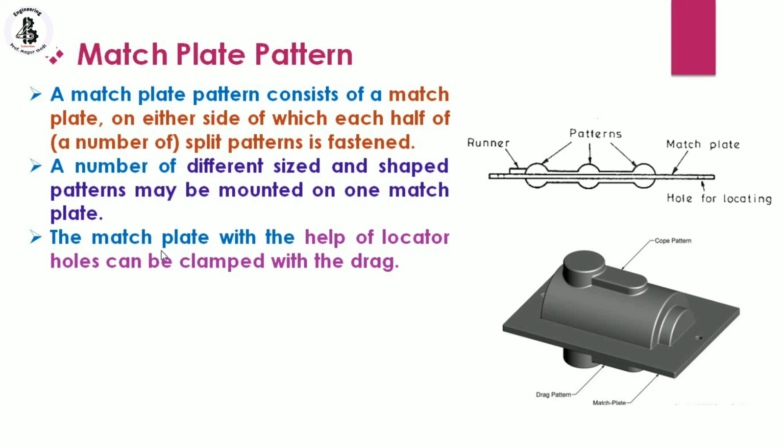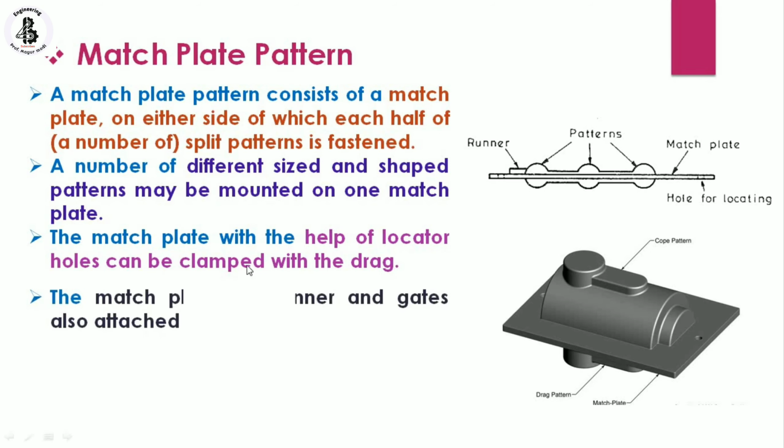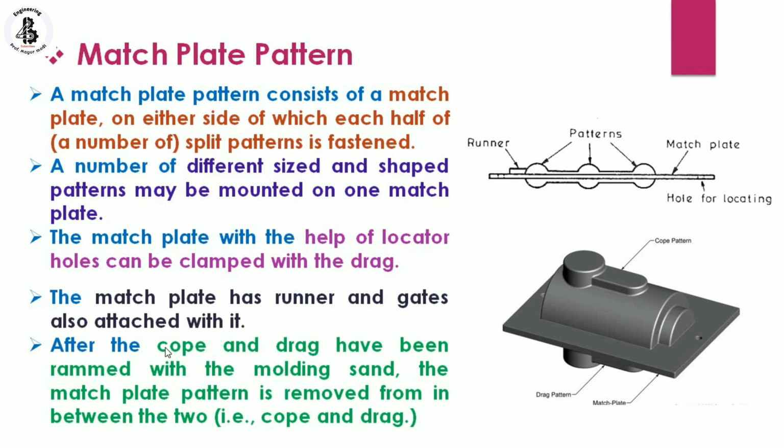The match plate, with the help of locator holes, can be clamped with a drag bar. The match plate has the runner and gates also attached with it. After the cope and drag have been rammed with the help of molding sand, the match plate pattern is removed from in between the cope and drag.